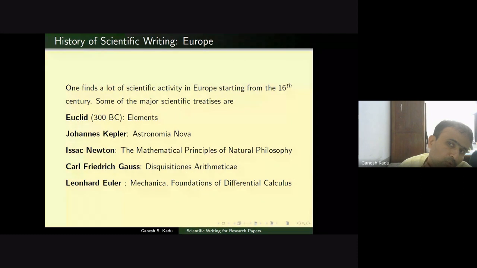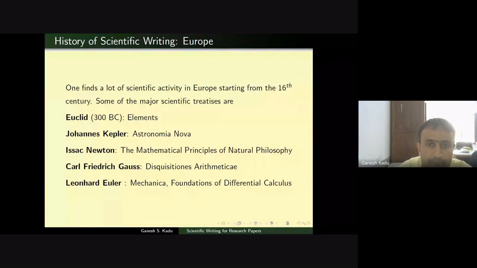Then in Europe too, you find a lot of scientific activity, particularly after the 16th, 17th century. But even before the 15th or 16th century, you had Euclid. He was around 300 BC, and he wrote this remarkable book called Elements, which discusses the foundations of geometry.